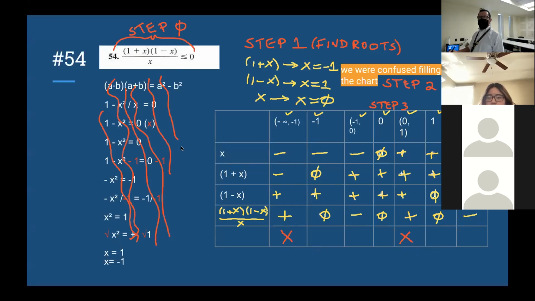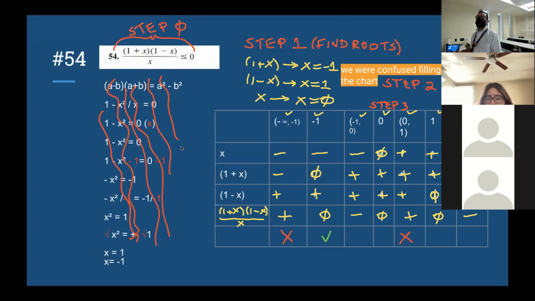And now in the second column, we've got a 0, Anna. Is that going to be part of our solution? Yes, because it's less than or equal. And remember that if we have the equal, we include the 0. So this is a yes. Is the next one going to be included? What are we seeing here? Is it positive or negative?